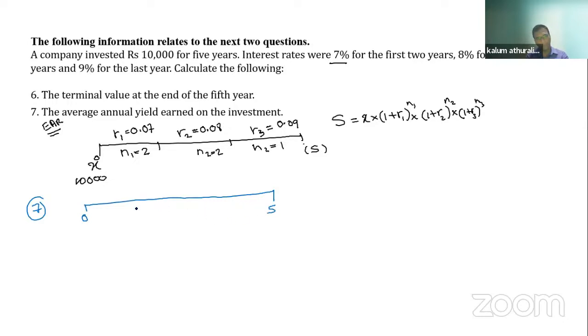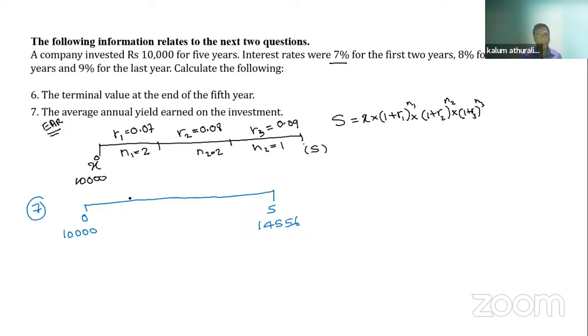End of 5 years. Here we invest 10,000. End of 5 years, the total value of the investment is 14,556 within 5 years, a 5-year period.